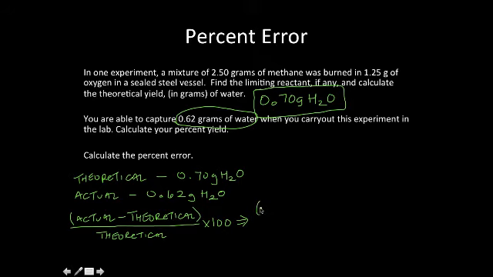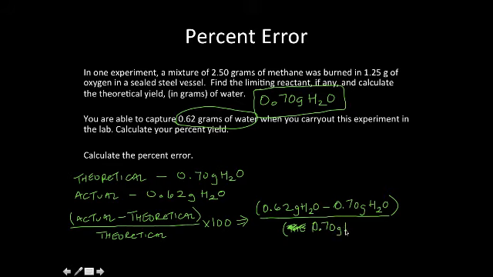The actual, again, is 0.62 grams of H2O. We're going to subtract 0.70 grams, our theoretical value. We're going to go ahead and divide, once again, by the theoretical value, which in this case, again, is 0.70 grams of H2O.